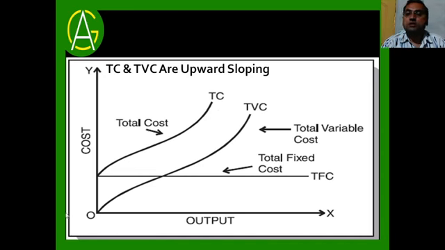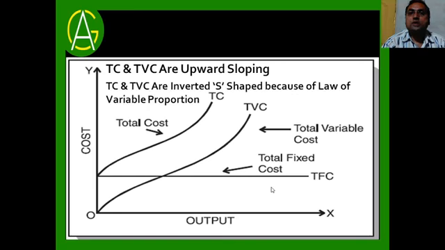Now, if it is asked what is the shape of the total cost curve and total variable cost curve, the shape will be inverted S shaped. These two curves are inverted S shaped.